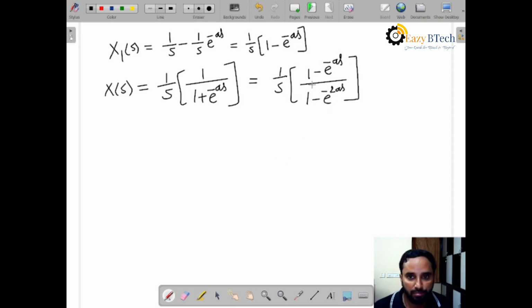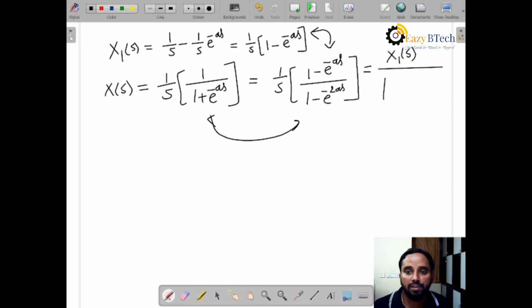Both are the same. Now I am going to include this x1 of s in place of 1 by s into 1 minus e power minus as. So it is x1 of s divided by 1 minus e to the power minus 2as. This is also the same answer.